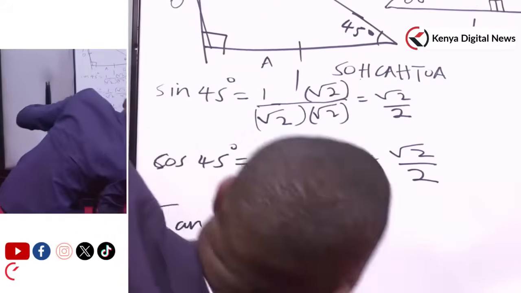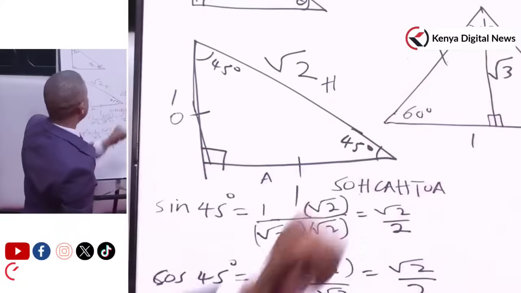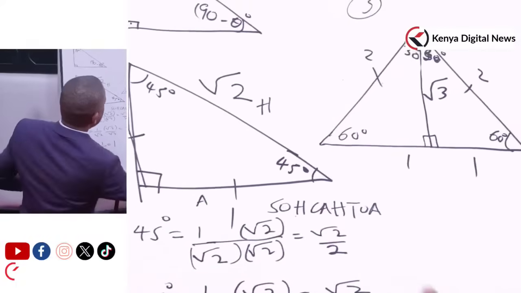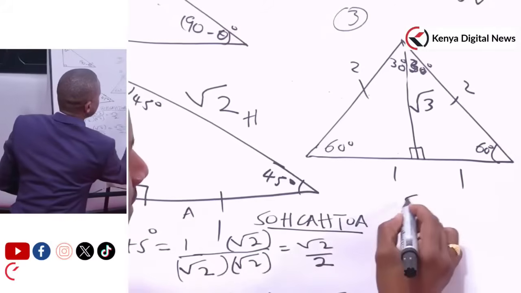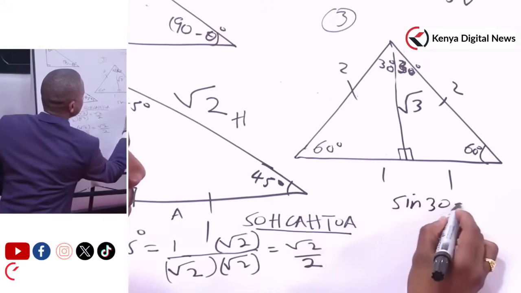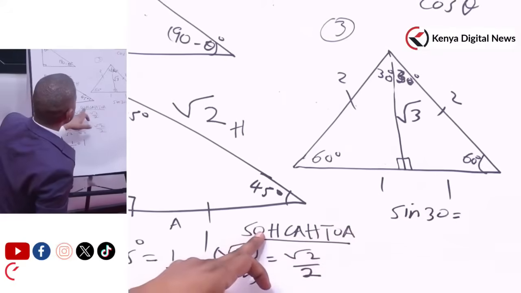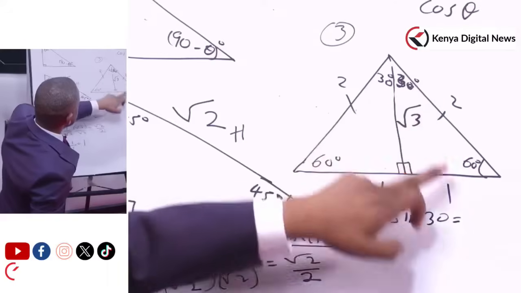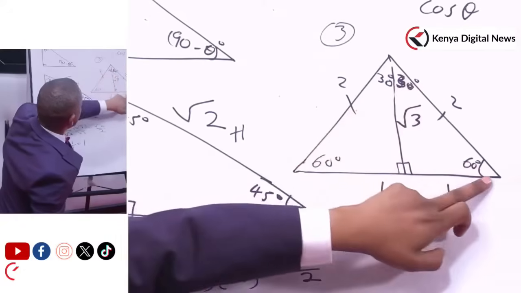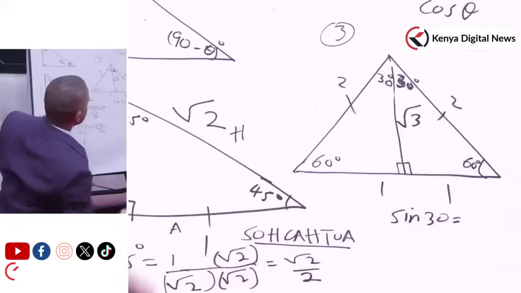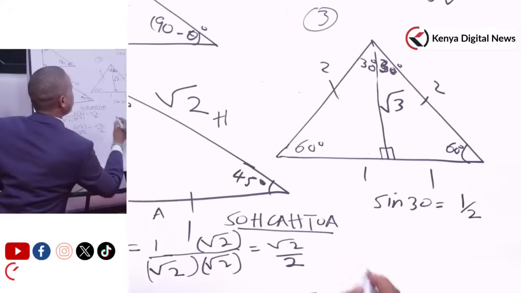Then you come to this other identity triangle where we have SOHCAHTOA still, but we want to get sine 30. Sine 30 equals opposite, which is 1, over hypotenuse, which is 2, so a half, which is 0.5.